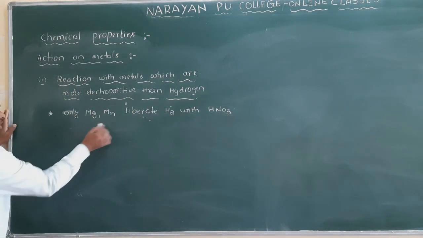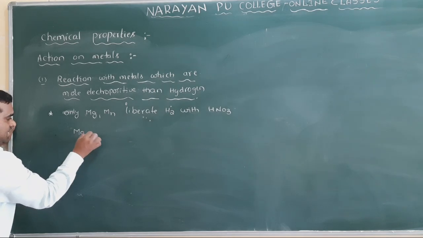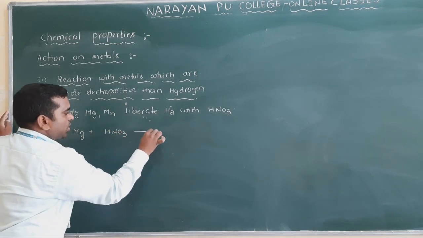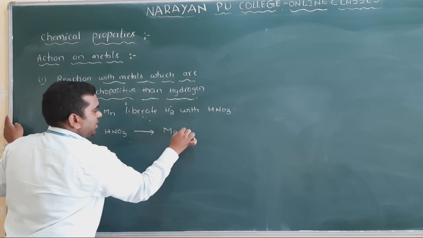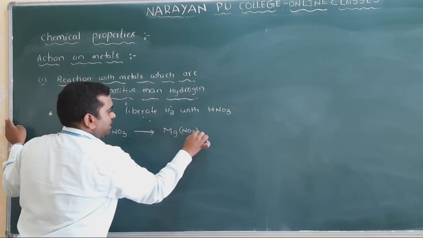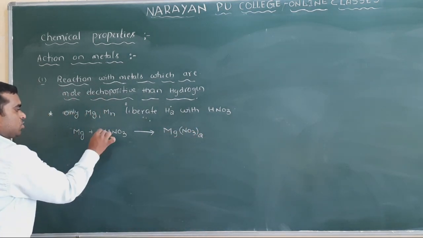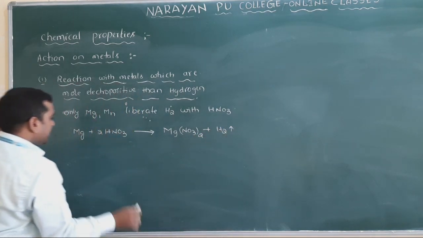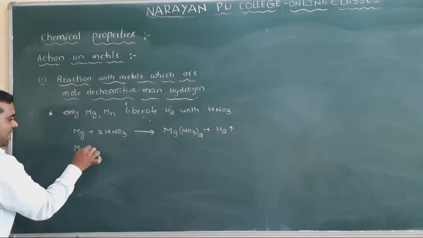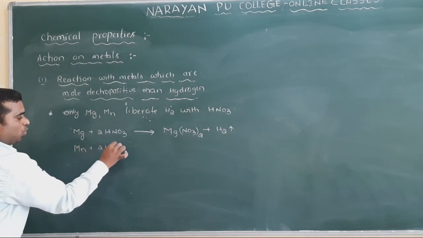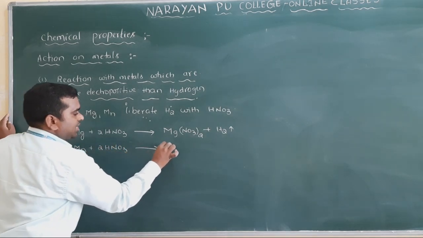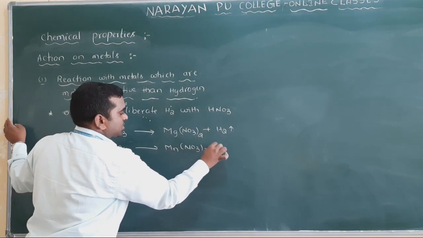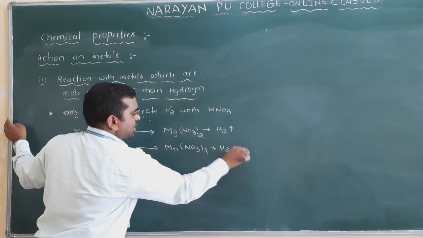Now see the reaction. Mg is there and HNO3. What will you get here? Mg(NO3)2. Clear? Taking 2 moles of HNO3, you will get hydrogen gas. In the same way, if you take manganese and 2 HNO3, it gives Mn(NO3)2 plus what gas will be released? Hydrogen gas.